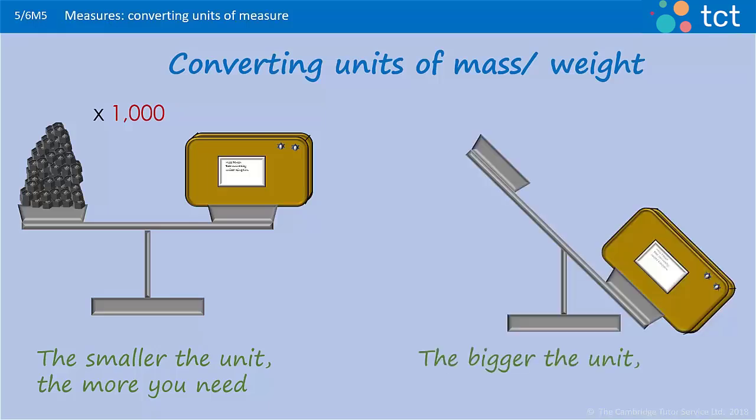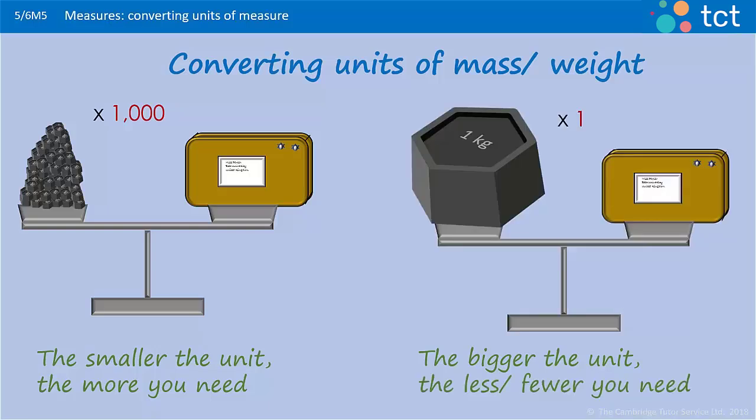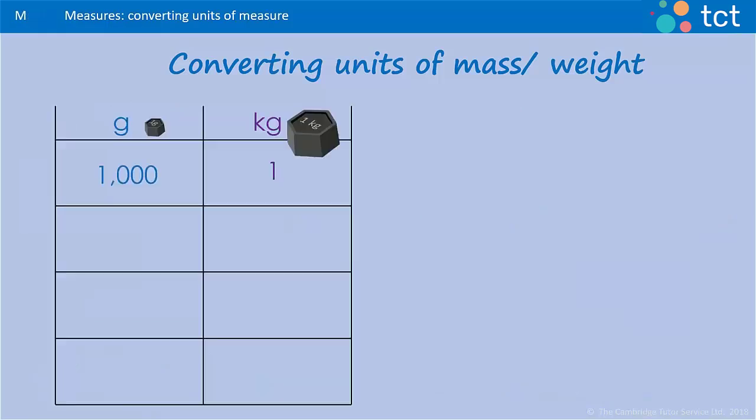If you're measuring the same thing using kilograms, you're going to need fewer, because a kilogram weighs a lot more than a gram, 1,000 times more. The smaller the unit, the more you will need. The bigger the unit, the less or fewer you will need, and that works with all the measures that you'll learn. Going back to 1,000 grams equals 1 kilogram.